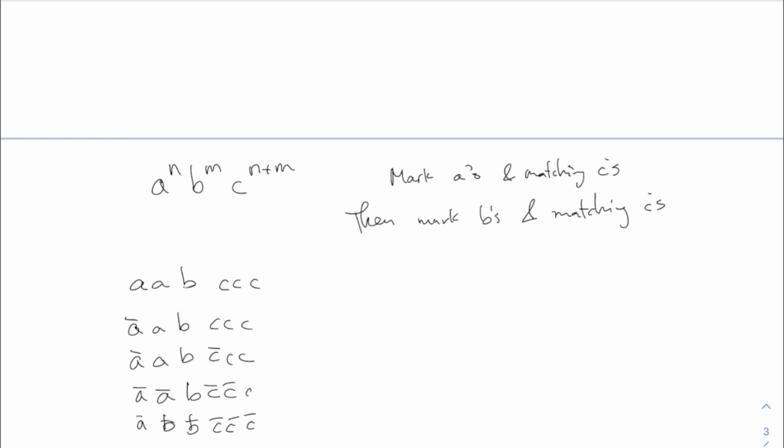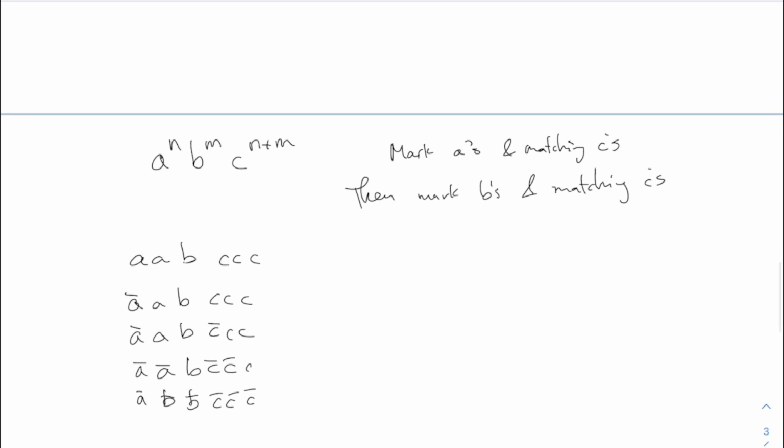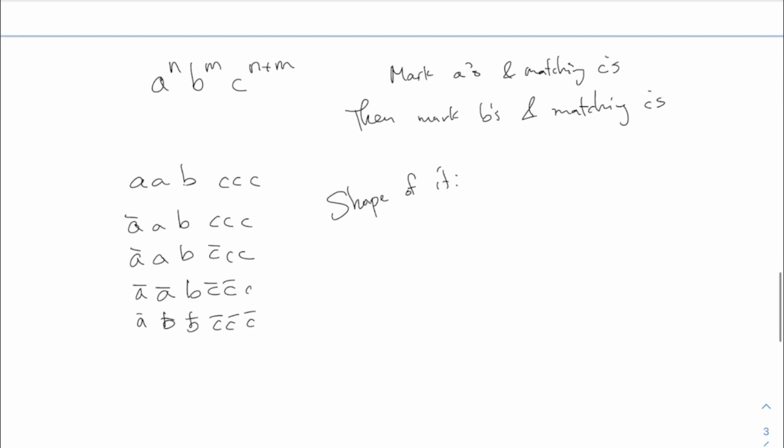What's a little complicated about this is actually each of those two things is its own loop. Like each of these things is something like the language for A to the N, B to the N. So the structure of this has a loop here, followed by another loop here. So the large scale shape of this thing is something like I start here and I do a loop like this.